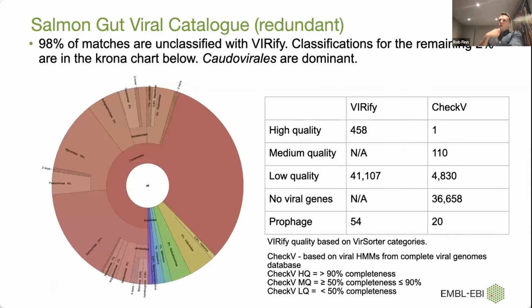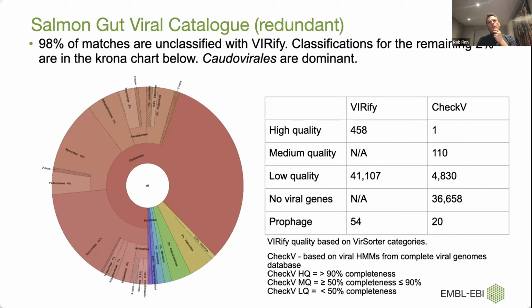So as a final example, we keep having all of these different catalogs. We have a salmon gut microbiome, and this was really just to illustrate a couple of things. It's quite preliminary work, but it still illustrates a quite nice point.